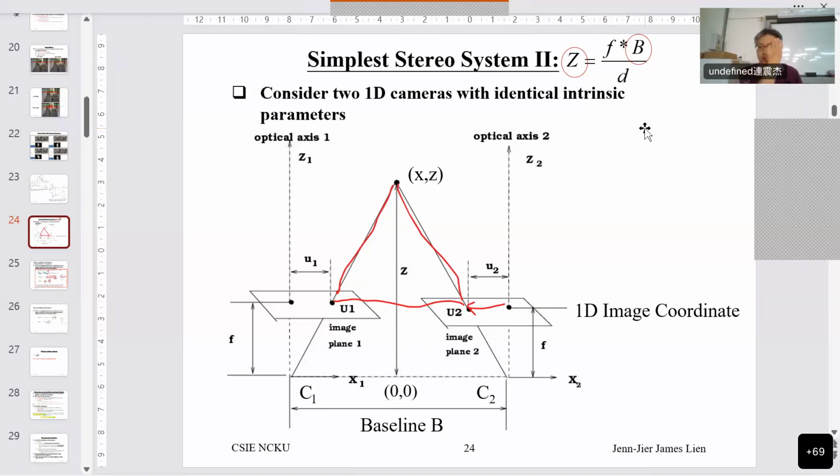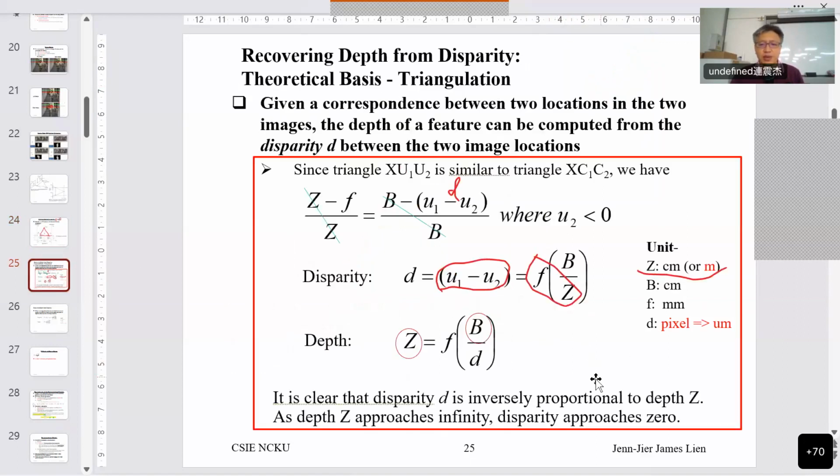If the disparity is large, it means the object is close to you. If the object is far away from you, the disparity will be small. So based on the disparity, you can find the depth Z. On page 25, this is these two points, and the distance between the two points we call disparity.